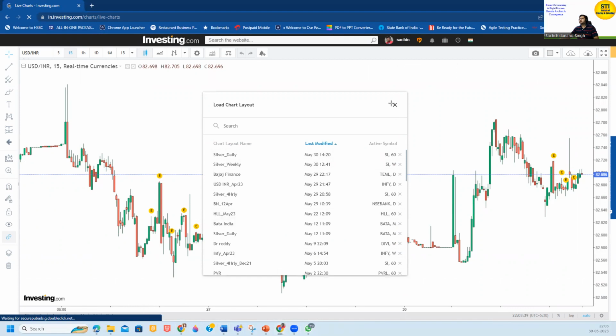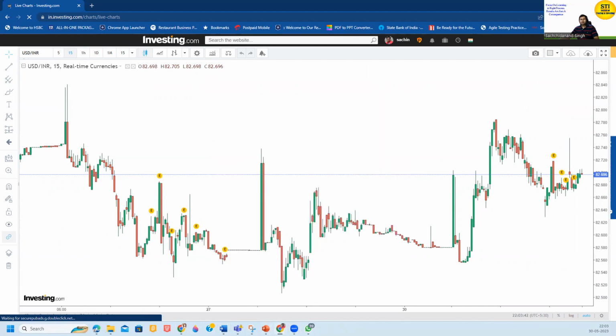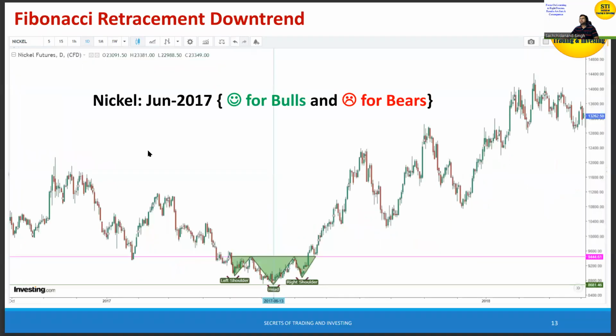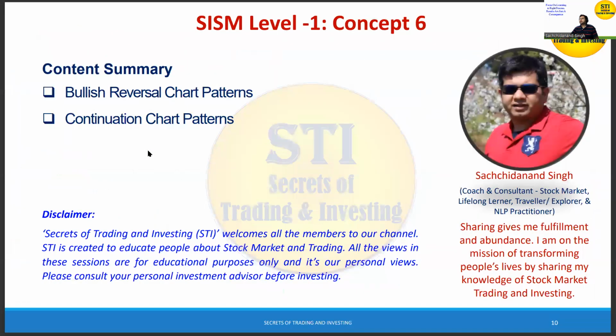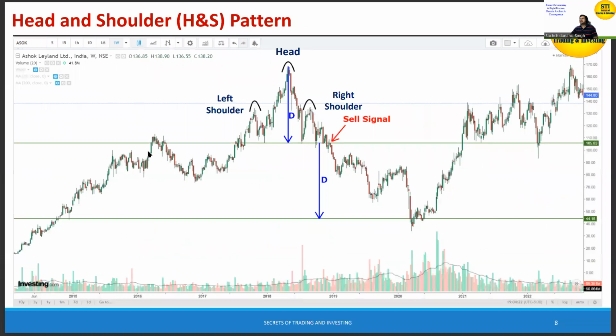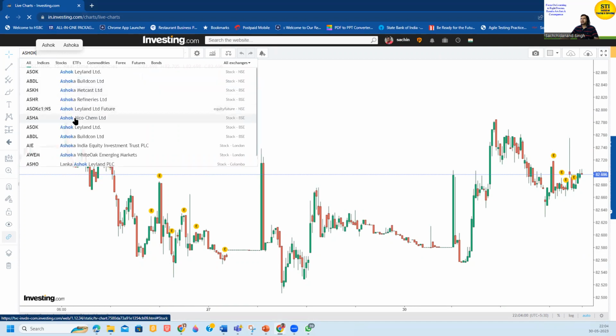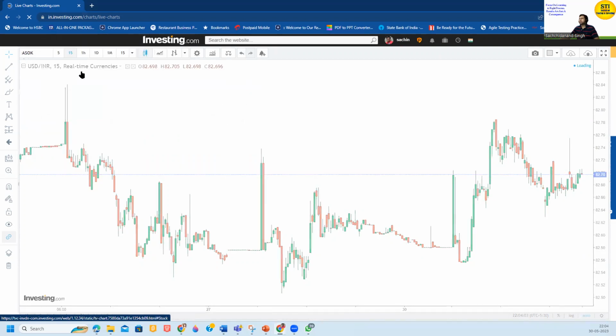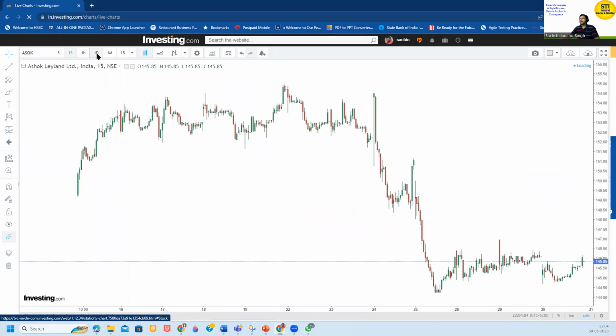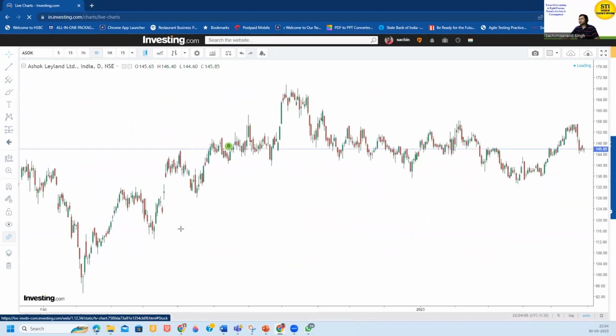Not this one. I'll show you that first one also. Let's use the example of Ashok Leyland. There is an inbuilt indicator which we can directly use.